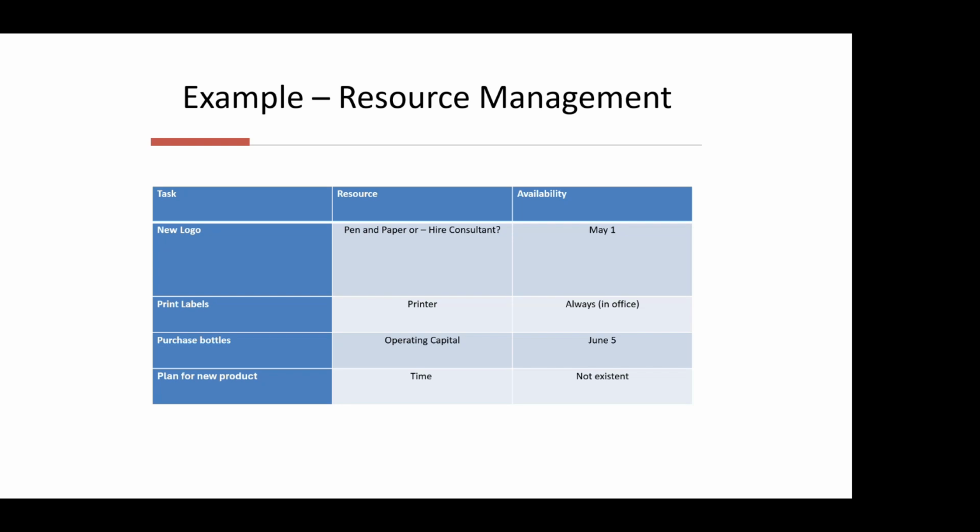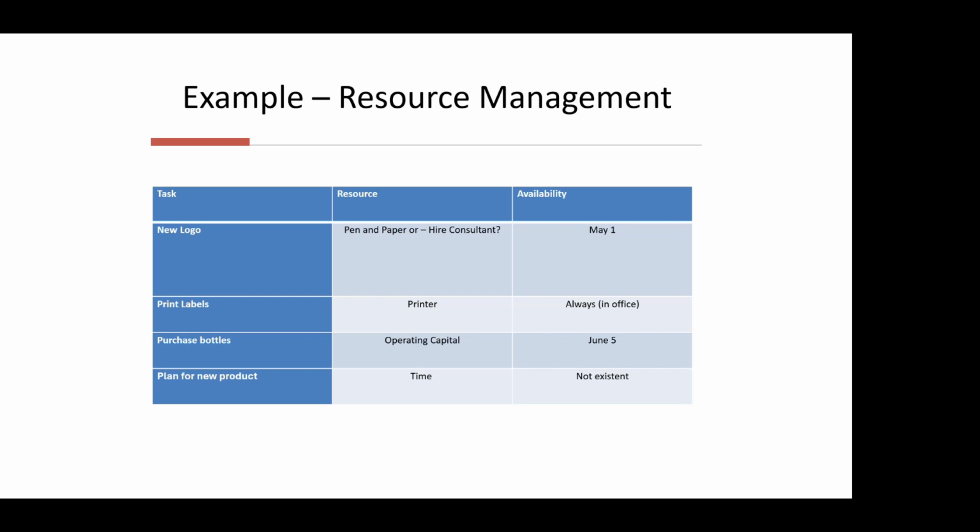I need a pen and paper if I'm going to do it on my own, or I'm going to use some type of software, or maybe I need to hire a consultant. These are just one or two resources, but in all honesty, there are a lot of resources necessary to create a new logo. So the more in depth, the more detailed, the better.